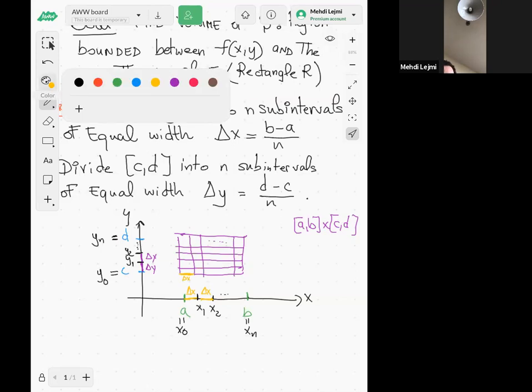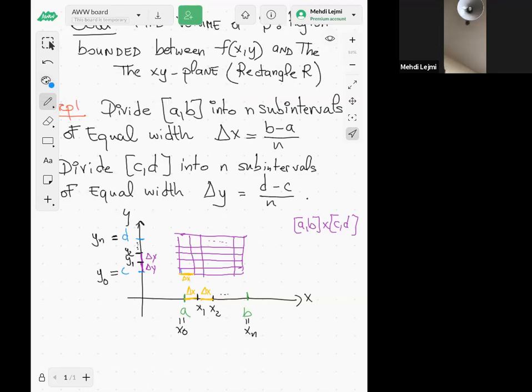And so we have this small rectangle here, this one here, etc.